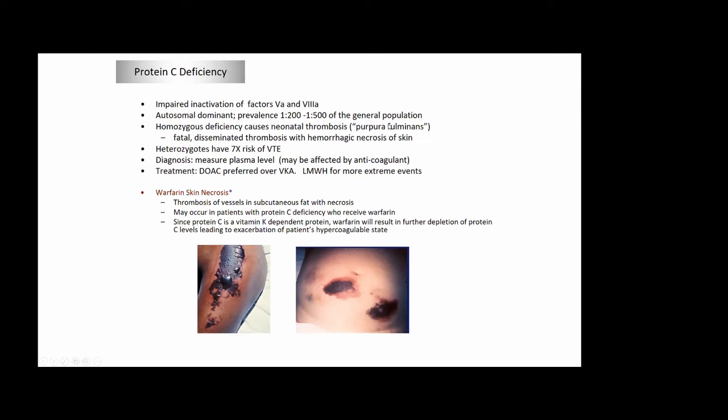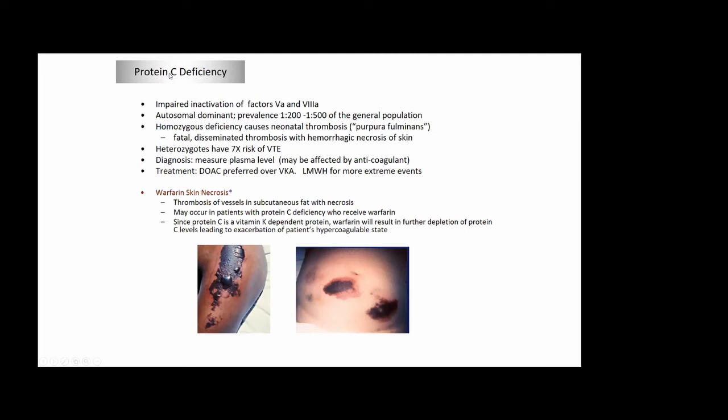So this is not as common as what we just saw, but still 1 in 200 to 1 in 500 of the general population is pretty common. And in neonates, if they are homozygous, they may be born with a fatal complication at birth or prior to birth, including widespread disseminated thrombosis and necrosis of the skin. Heterozygotes are pretty common, as I mentioned, and they have about a 7-fold increased risk.